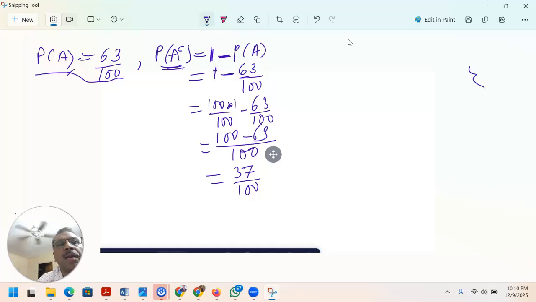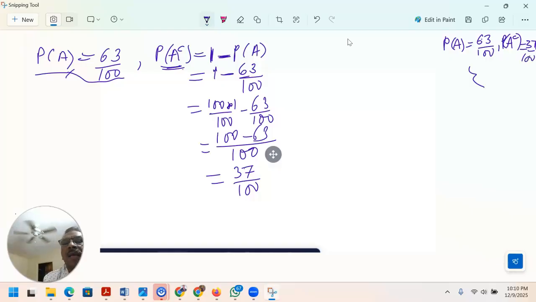Let me make a note in the corner that probability of A is 63 over 100, which is 0.63, and probability of A complement is 37 over 100. That takes care of that piece.